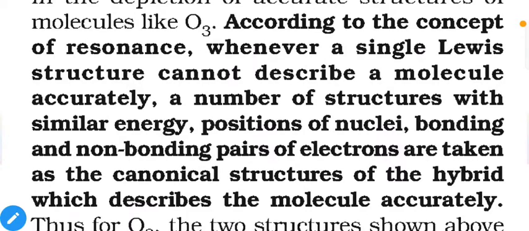That means first we find different types of structures, different possibilities, and then we mix those possibilities with each other to create a good explanation of the structure of the molecule.